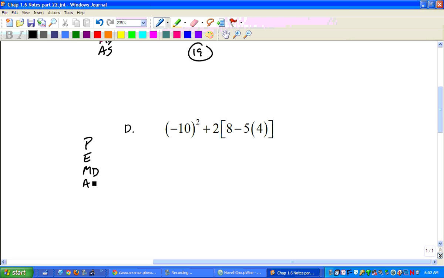Okay, I'm writing down the order of operations. Inside the parentheses first, and that is a negative 5. So everything else stays the same.